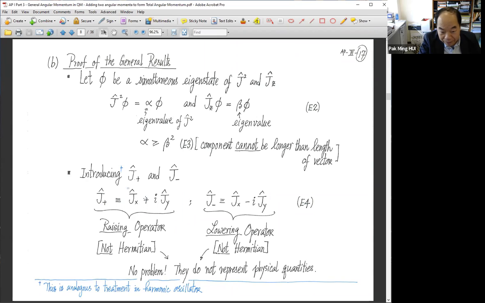Thereby, if you do a plus i something combination, this is not Hermitian. This is not Hermitian as well. But don't worry, I haven't claimed that they are physical quantities. They are just auxiliary, to help us do the proof, okay?